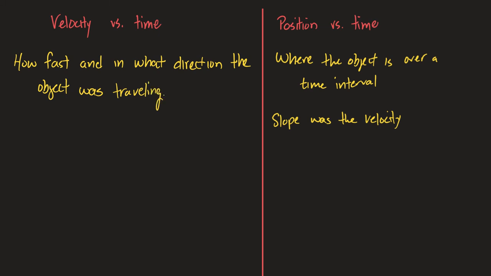I'm really careful about this next part because it does not tell us where the object is. It doesn't contain that information. It does not tell us where the object is. It can't give us any positions.